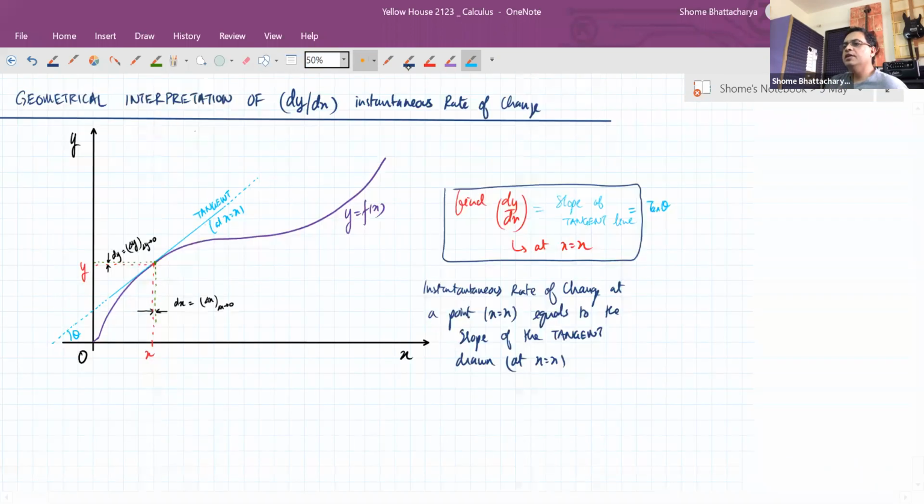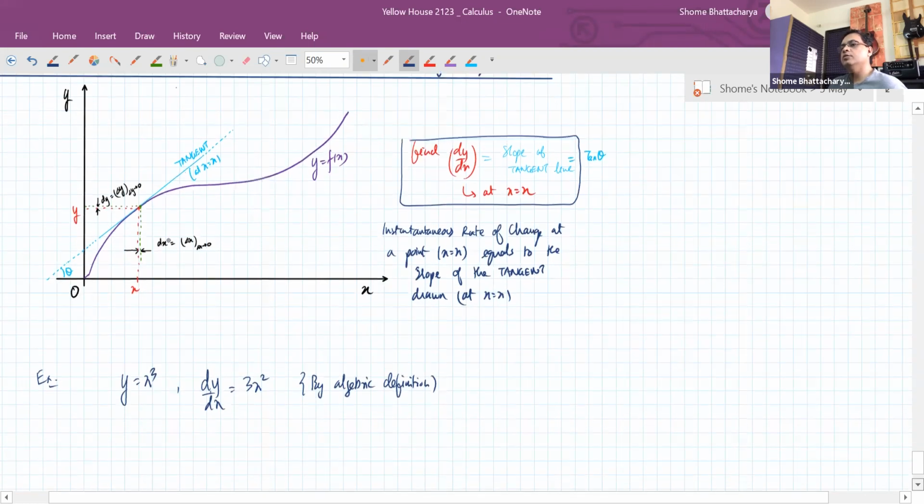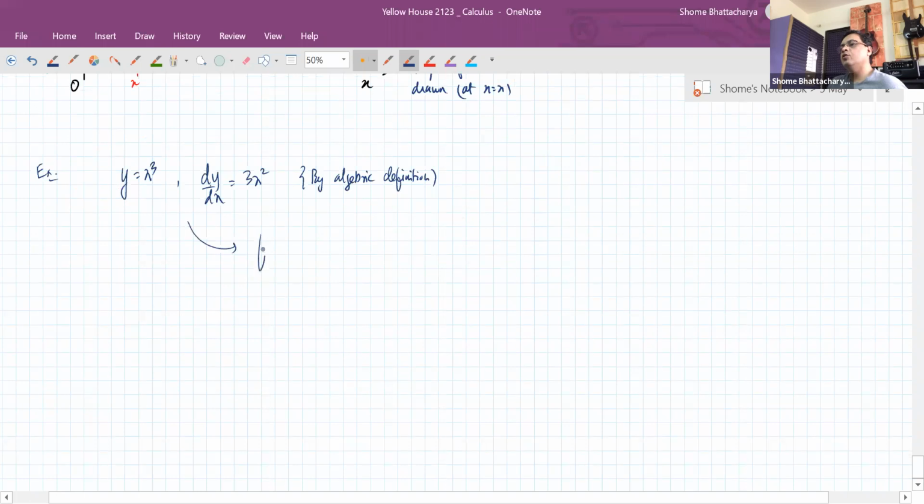Okay, so just a while back, we had seen the example that for y equal to x cube, we had got the value of dy by dx as 3x square. We had got this by the algebraic method. So let's see the interpretation of that graphically. This means that for the graph of y is equal to x cube, the slope of tangent at x equal to x is equal to 3x square.